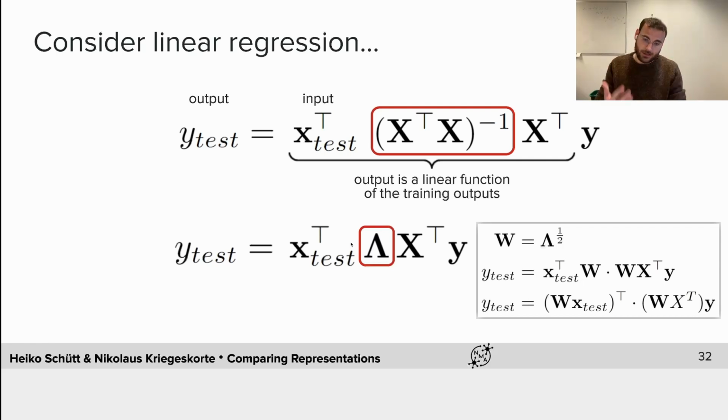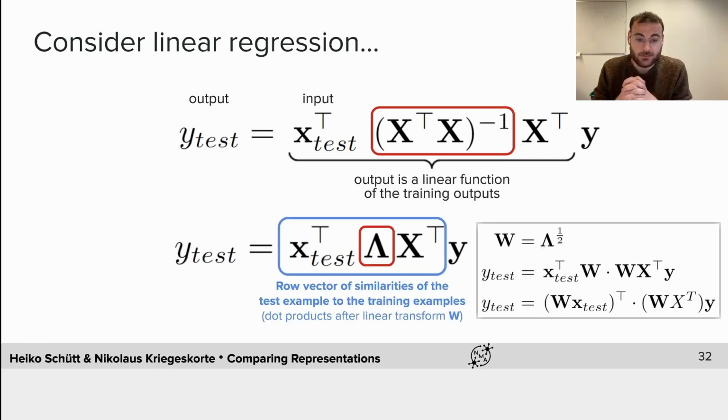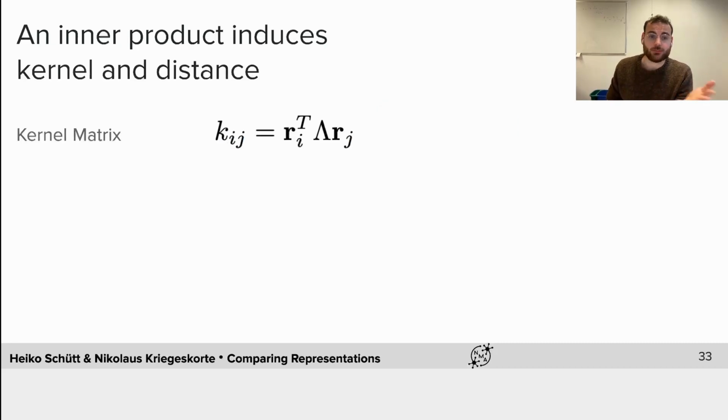So again, highlighting this is a form of similarity, right? So we have a row vector of similarities of the test example to the training examples that gives you the weights for making predictions. And now that we have this inner product, we can also make a matrix of all the inner products, which we then call the kernel matrix, right?